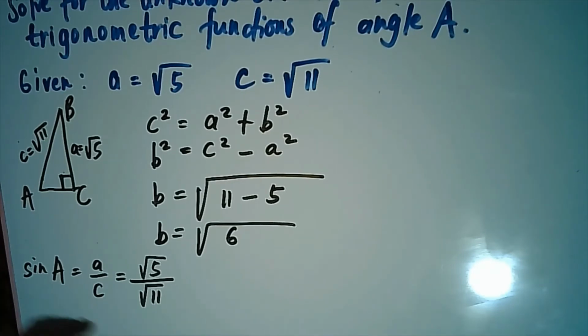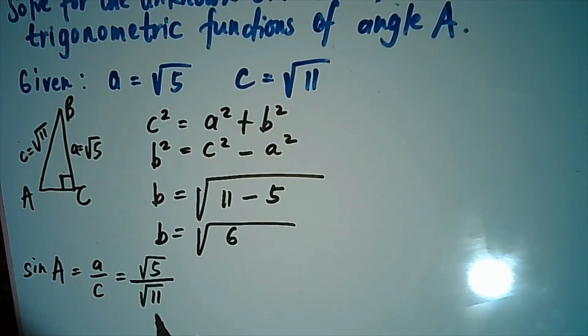Now at this time, let's just retain the answer with this radical, because later on you will be studying in your algebra that we need to simplify radicals in the denominator.